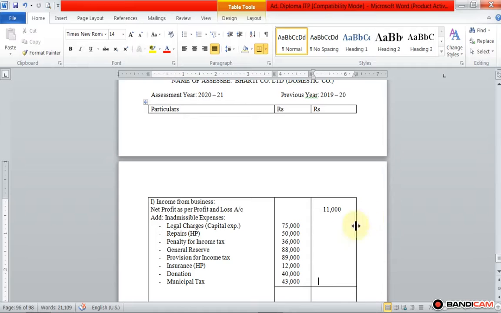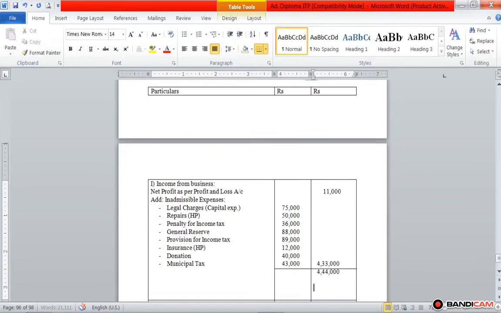We get 4 lakh 33,000. Add this 4,33,000 to 11,000, and we get 4,44,000.